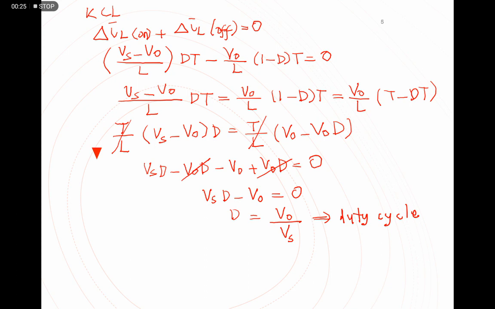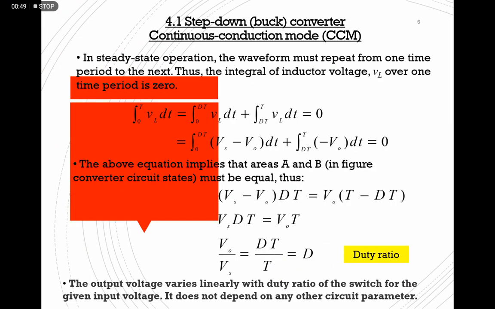This is for the buck converter. For another type of DC to DC converter, the equation for finding the duty ratio will be different. It depends on the position of the switch, diode and inductor. From the slide here you can see that I already wrote down how we get this equation.